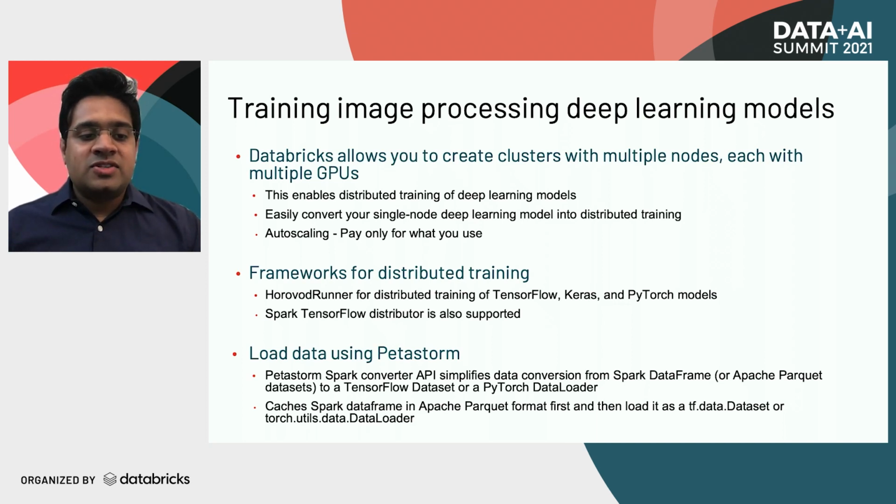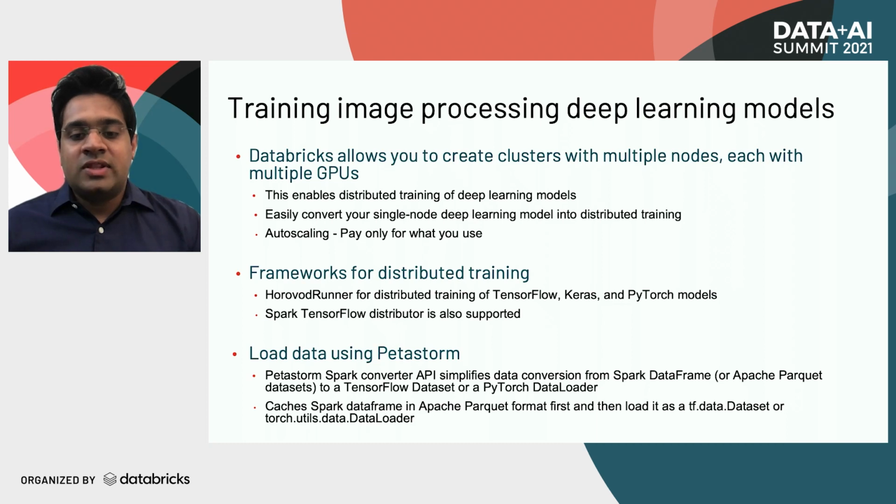And the last piece is that you can load your data using Petastorm. So let's say you have your data set, as Jason showed you, in a Delta table. You can use that Spark data frame and then load it into either a TensorFlow dataset or a PyTorch data loader format.